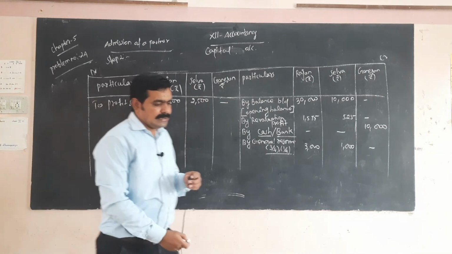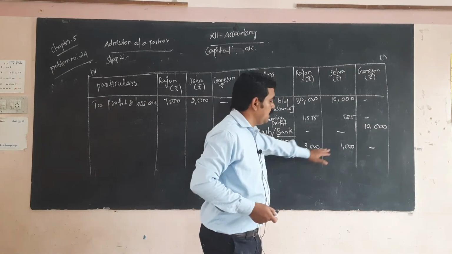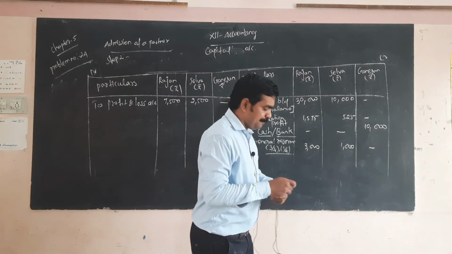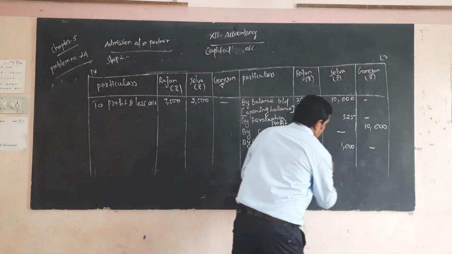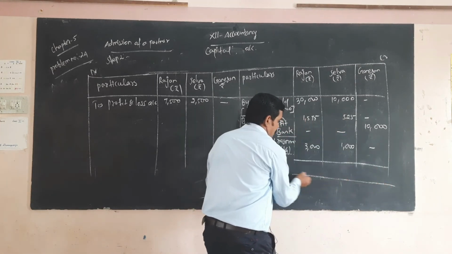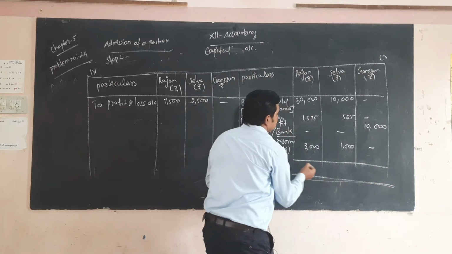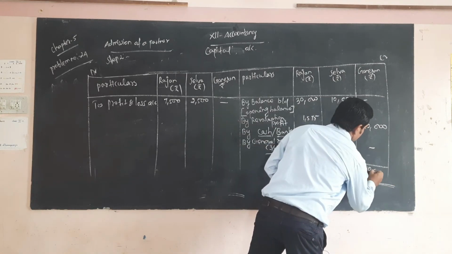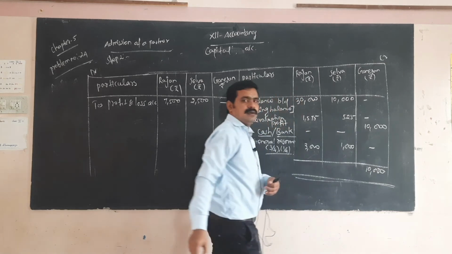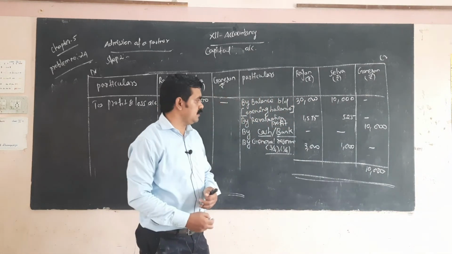Now that is balancing that value. Here 10,000.